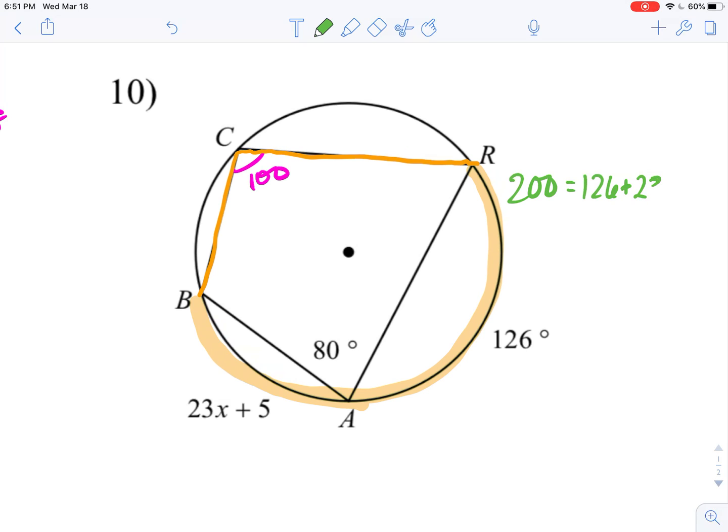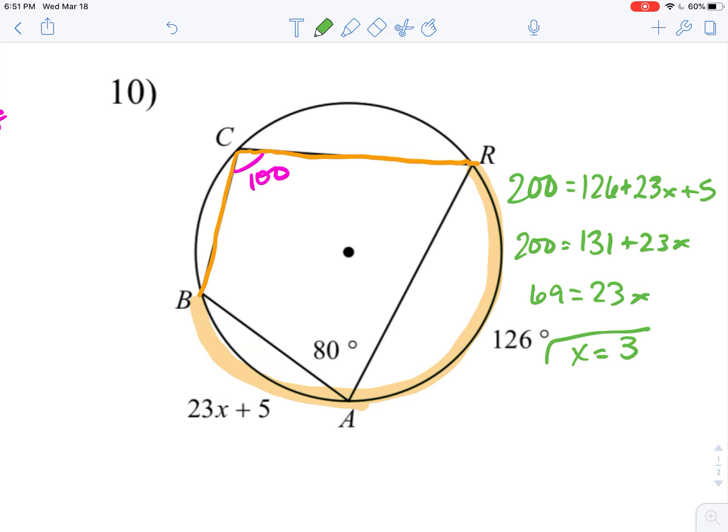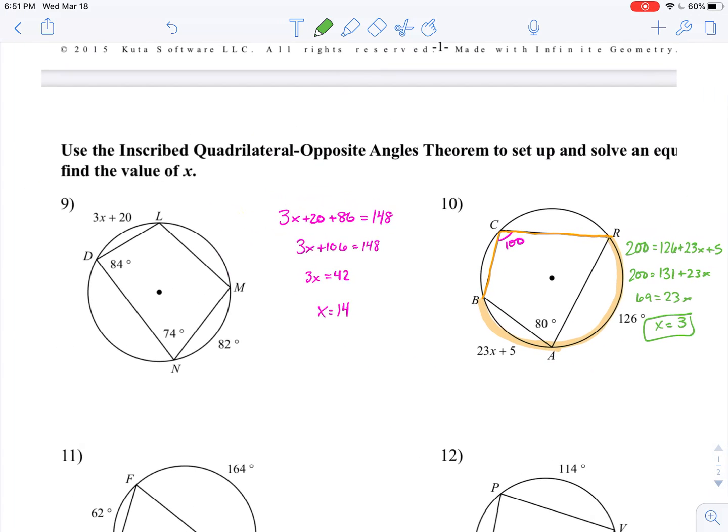126 plus 23x plus 5. So 200 must be 131 plus 23x. So 69 is 23x, and x is 3.